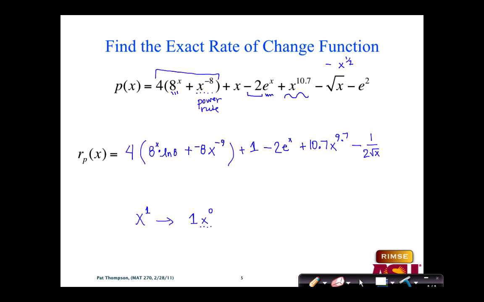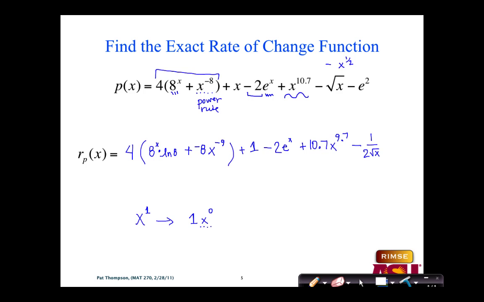Now what about this last term? E squared, is that a power function? Is that an exponential function? If it were on its own, well, it's e squared. It's like 8 point something. Maybe 9, I don't even know. It's a number, right? So there's no x involved in this. We're finding a derivative or a rate of change of p with respect to x.